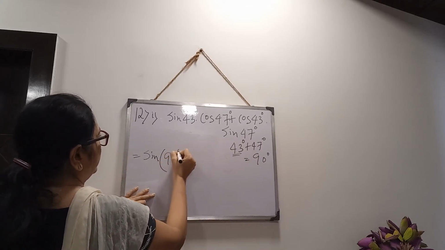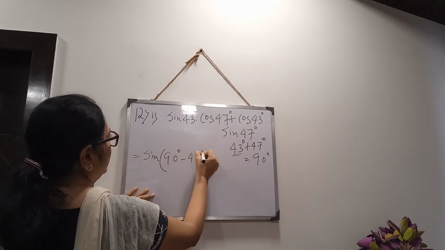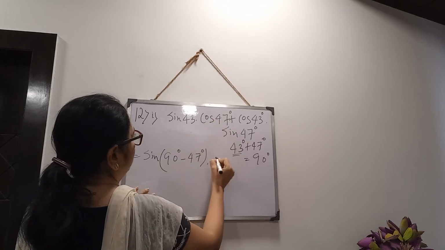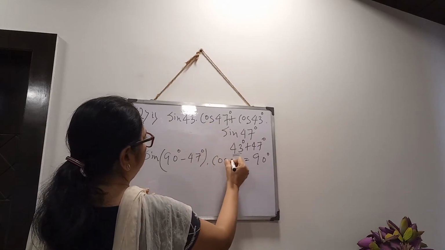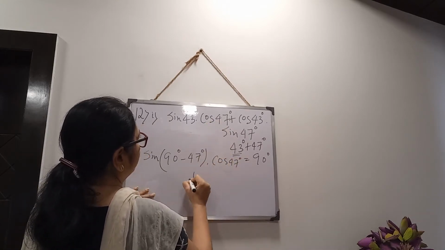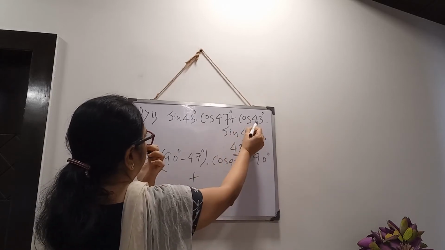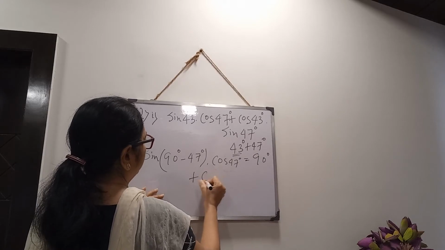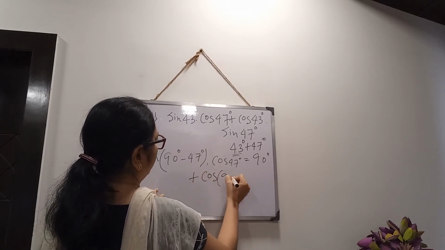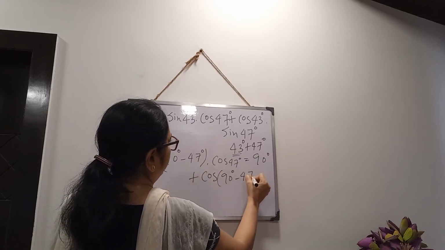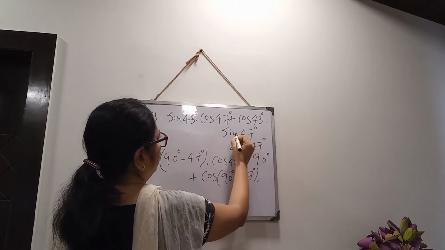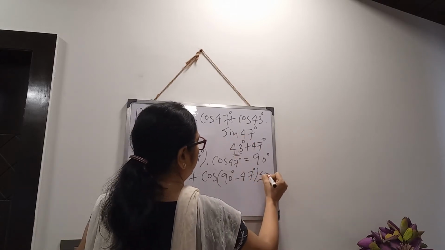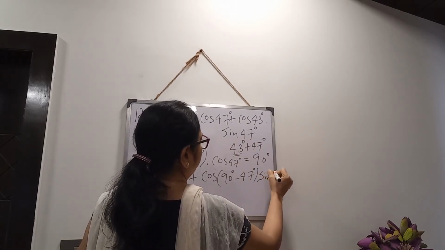So I am writing sin(90 degree minus 47 degree), and this one as it is, copying. Similarly, here also changing 43. 43 means 90 minus 47. So cos(90 degree minus 47 degree) into this one as it is, copy as it is, sin 47 degree.